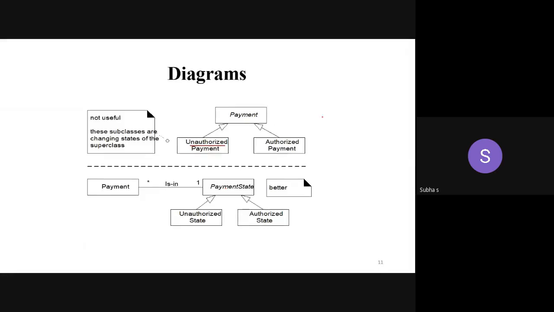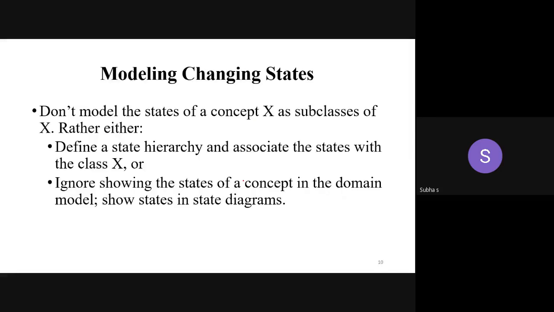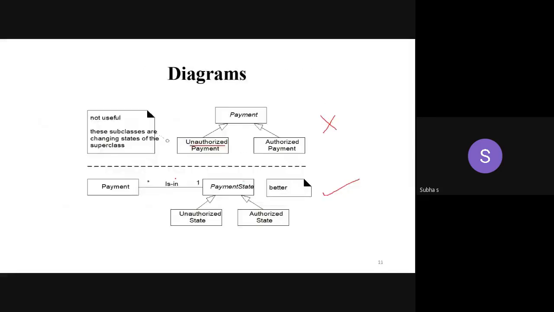So avoid using this kind of representation. You have to mention it this way only. This is the correct way of representing the changing states. So how to model the changing states? That is given here. All the students won't pay the exam fee late. Some persons will pay the exam fee late. Some persons will have some dues. So you can't divide that exam into late fee people and normal fee people like that.